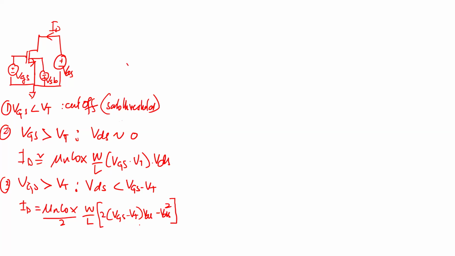Okay, so that's the triode region. And the fourth one is VGS greater than VT, but VDS is now greater than VGS minus VT, and then ID is equal to a constant current.